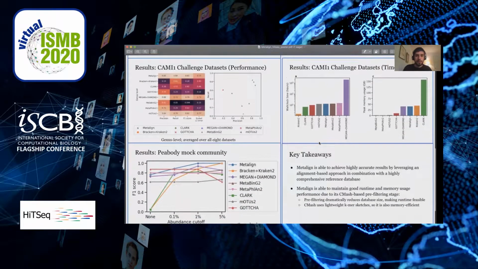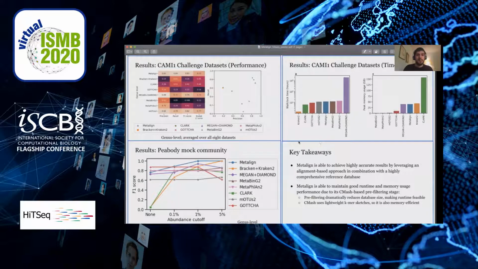We compared against some of these other methods, most of which are heuristic-based approaches, some k-mer matching approaches, some marker gene approaches. We used the Critical Assessment of Metagenome Interpretation. This was a big metagenomics benchmarking competition, had 8 datasets, highly diverse, with a lot of novel strains simulated, so a lot of sequences that aren't in your reference databases. Here I'm showing the genus level, averaged over all 8 datasets.